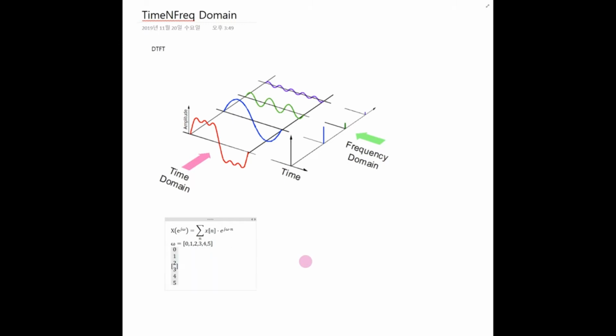I'd like to calculate that part. So it means X(j omega 0) and X(j omega 1), like that. I would like to find out those frequency components, which can be described by some matrix and the data.